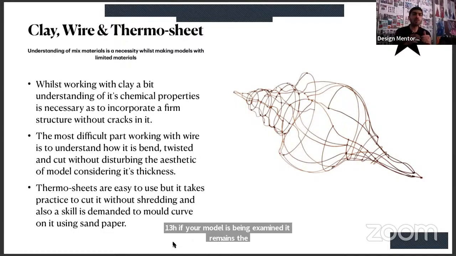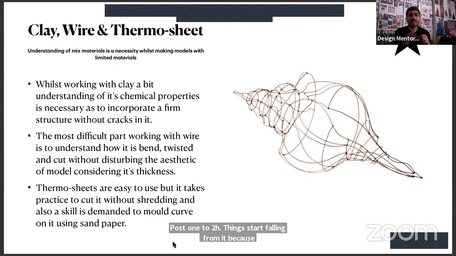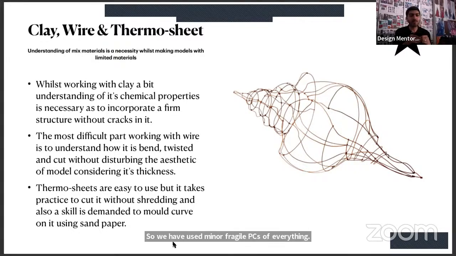When it comes to window display, a lot of times I have seen students face difficulty: at that particular moment, the model is pretty good. After 1 to 2 hours, things start falling from it, because it's a display, it's a space, right? So we have used minute, fragile pieces of everything. Consider you have to make a window display for a shoe company, and you have created shoes out of clay.